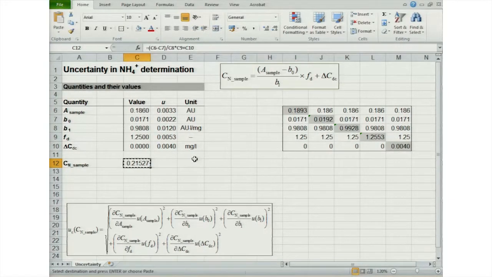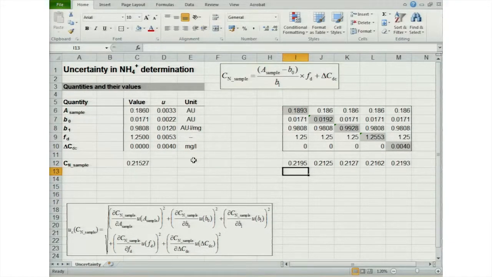And we can conveniently just copy this formula here. Okay. And if you now look carefully, you see that all these values are very similar to this one, but they are all a little bit different. And they are a little bit different because in all cases one of the input quantities was changed.